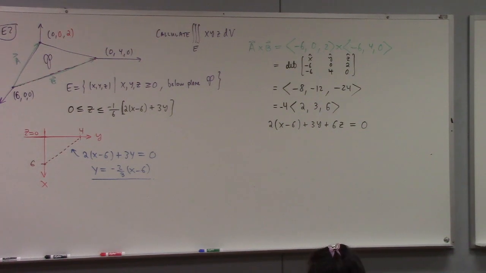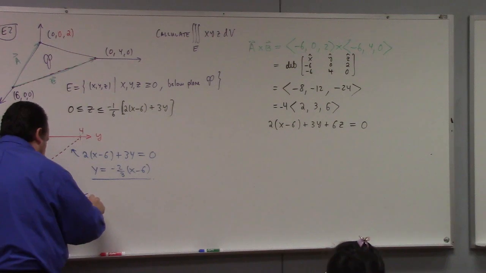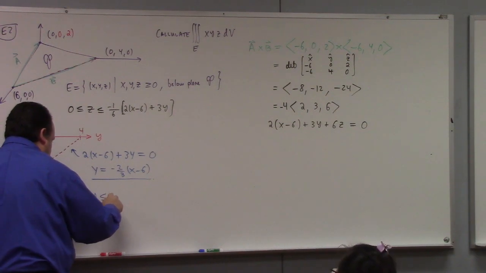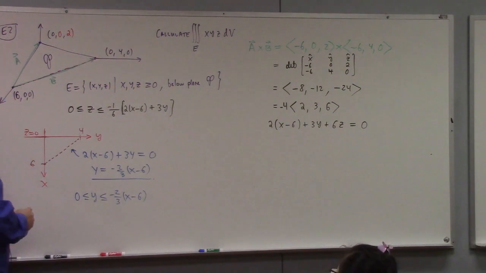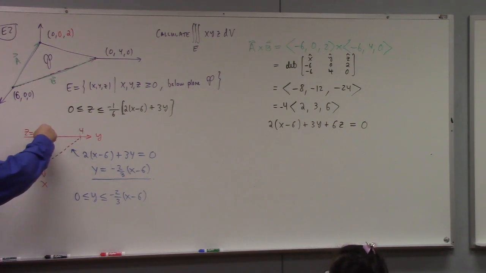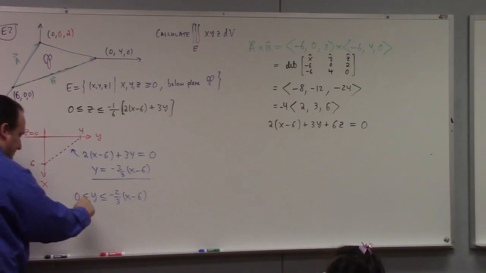Now I have 0 less than or equal to y less than or equal to minus 2/3 x minus 6. And x ranges from 0 all the way over to 6.